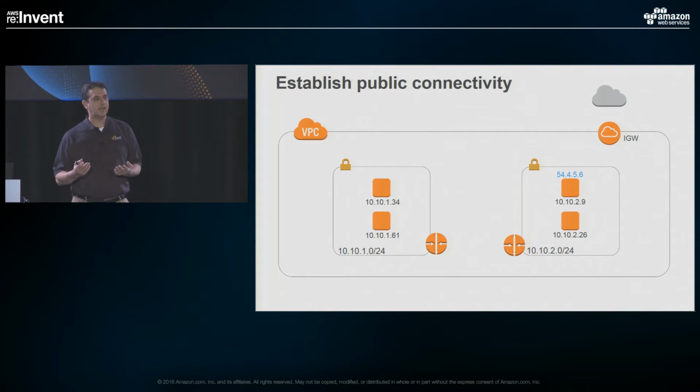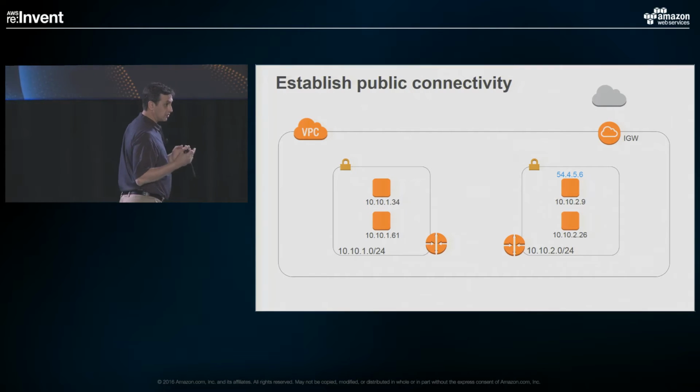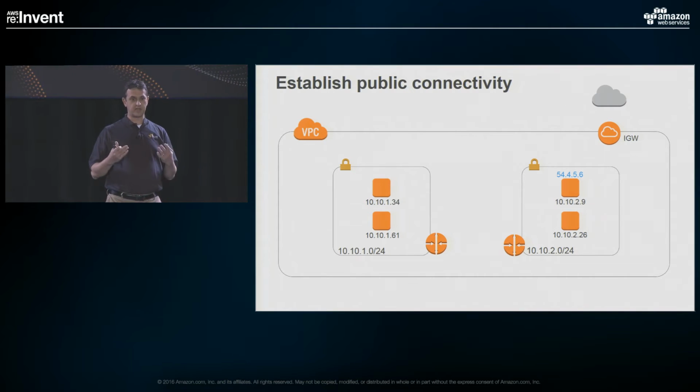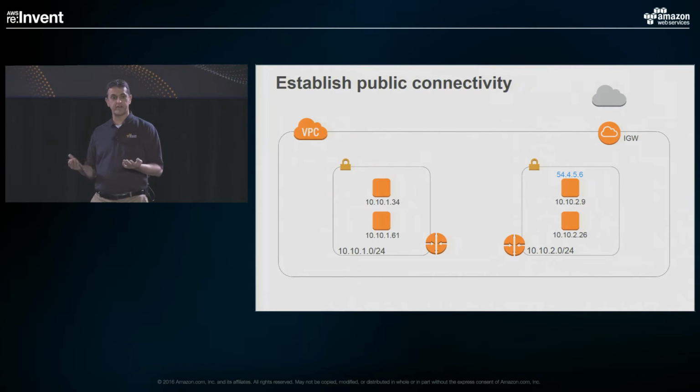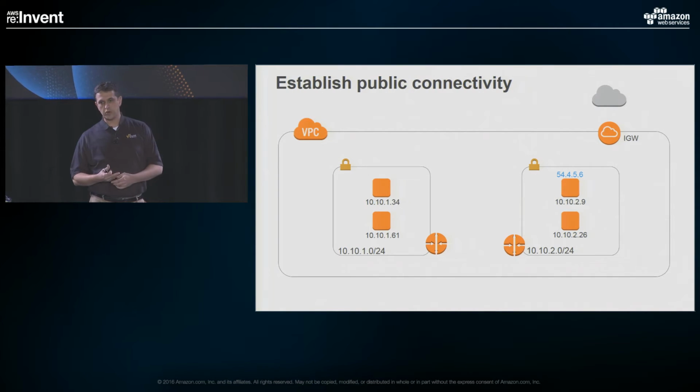It is a VPC construct that is a highly available, highly scalable, redundant service that we make available, and its main purpose is to provide connectivity between your resources in your VPC and the internet.